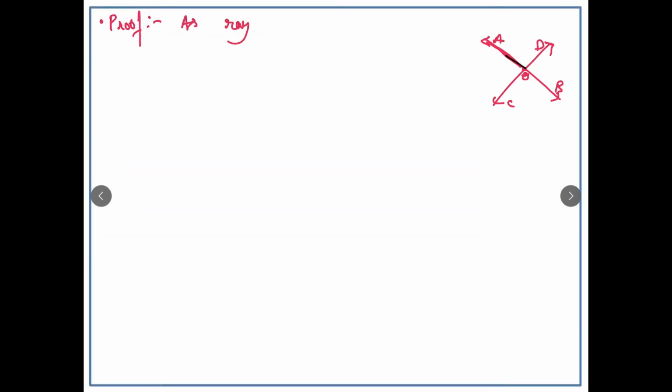OA is standing on line CD. Okay, so let's take ray OA stands on CD, therefore we have studied in axiom 6.1 that if a ray stands on a line, it will form two adjacent angles and the sum of these two angles will be 180 degrees.